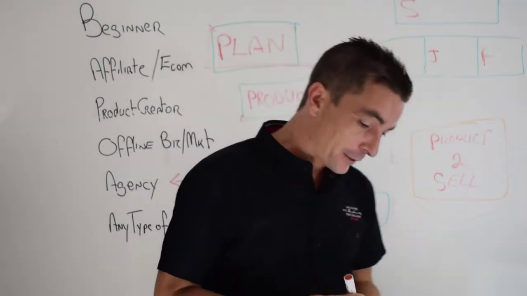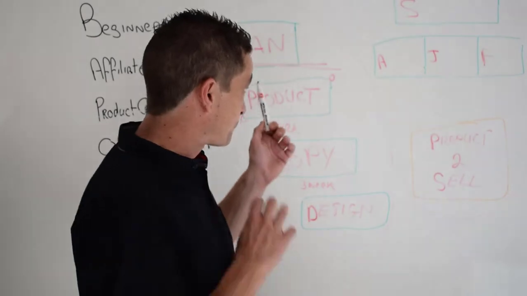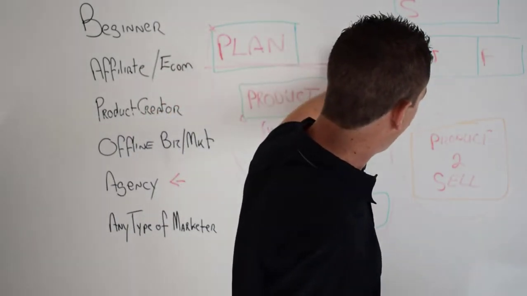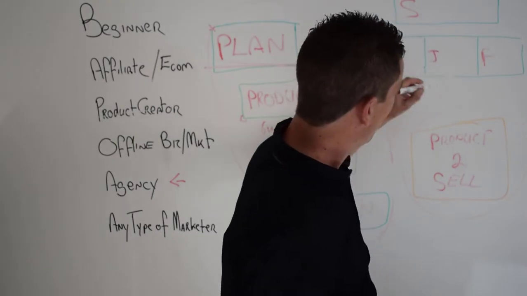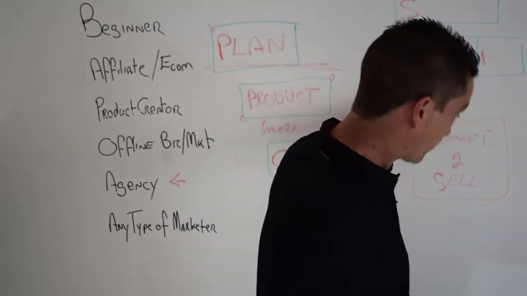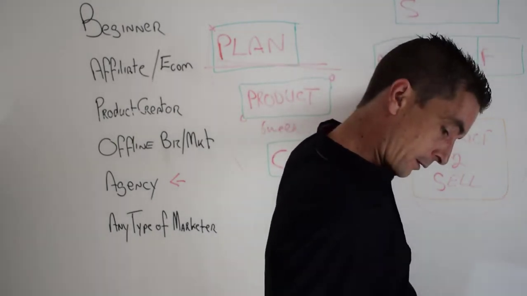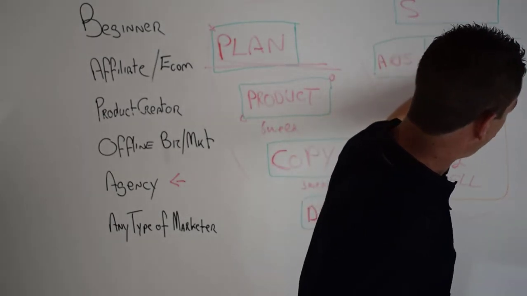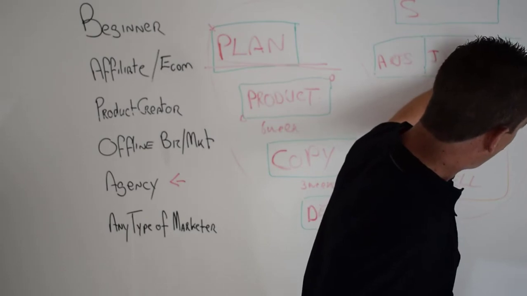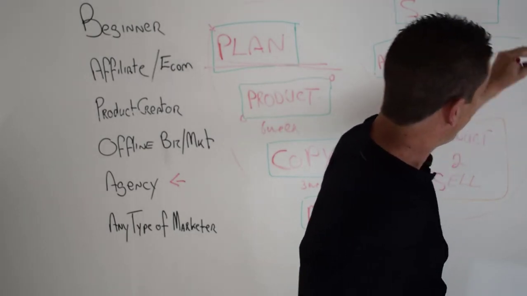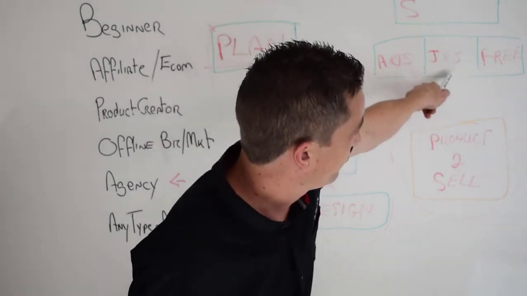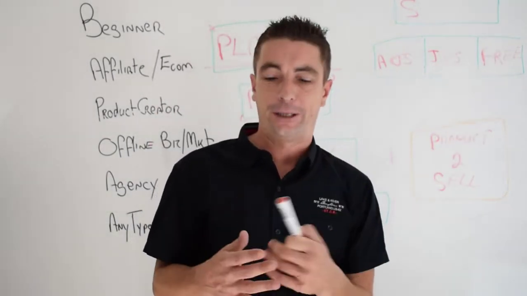So after that, we need to look at how you are going to get traffic to this product. I've got some notes here. We've got ads, we've got JVs, and we have free.